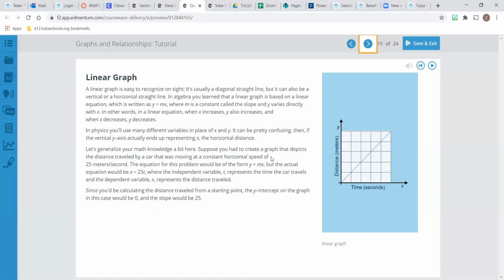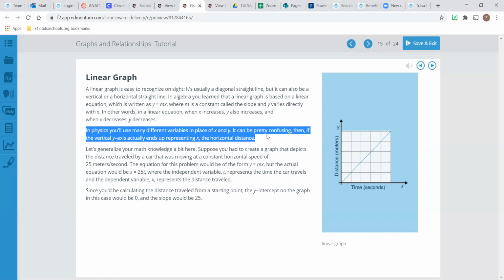But yeah, it just gives you another example. It says it can be confusing when you're using variables that are not x and y. So I just pretend they're x and y and use those as the variables in my head.